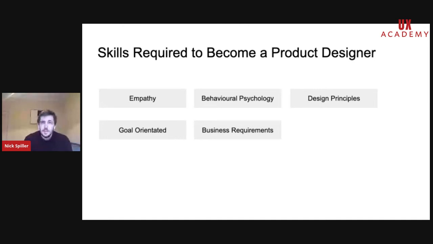Product designers also have to have knowledge of behavioral psychology principles and design principles. My personal favorite is a psychology principle called the ostrich effect. It's the head in the sand type of visual metaphor. When something is bad, you're less likely to engage, and you want to shy away from it.